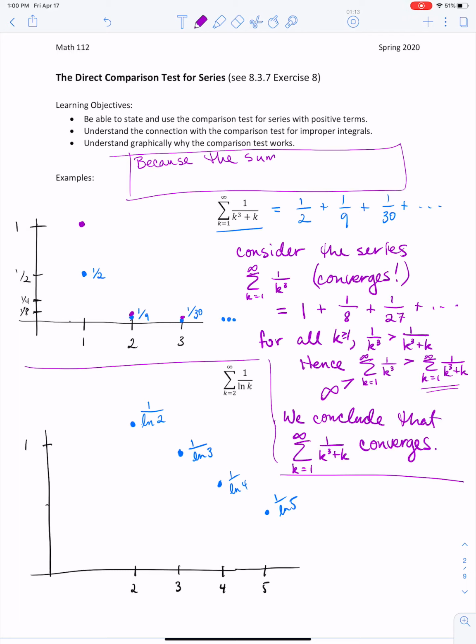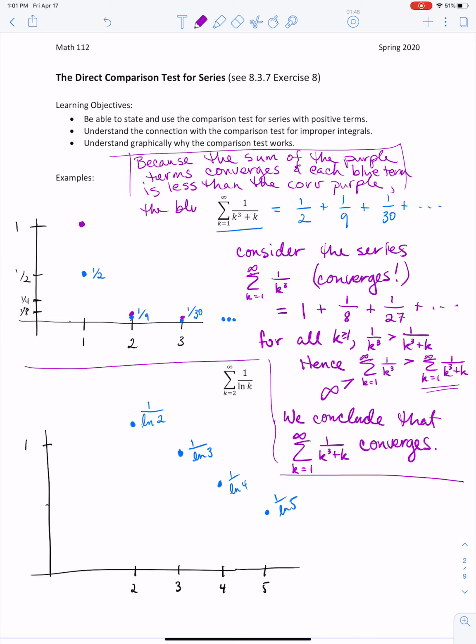The sum of the purple terms converges, and each blue term is less than the corresponding purple term. So the blue series must also converge. Maybe I'll write it in a parallel fashion: the sum of the blue terms must also converge.